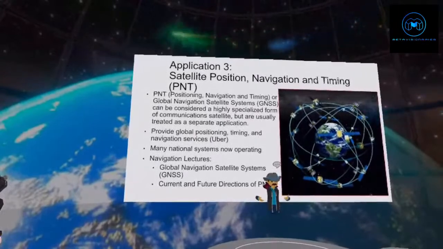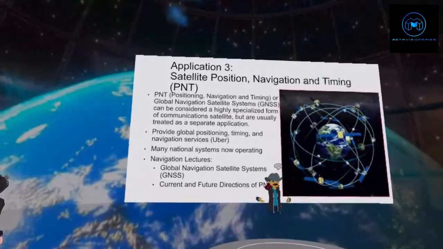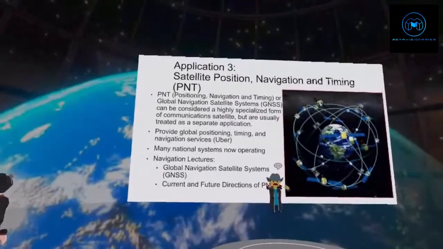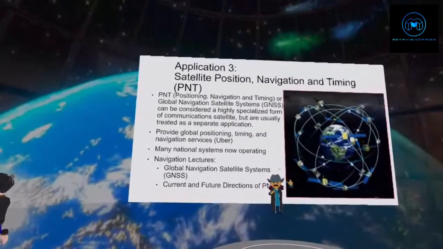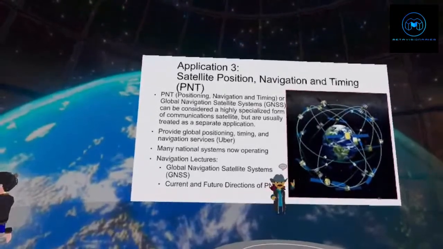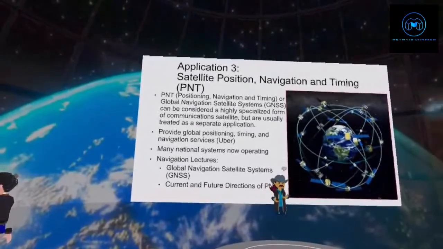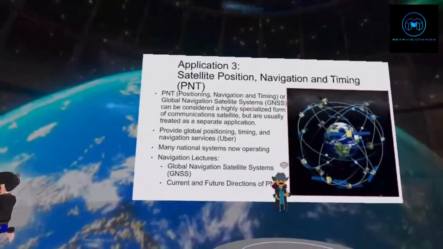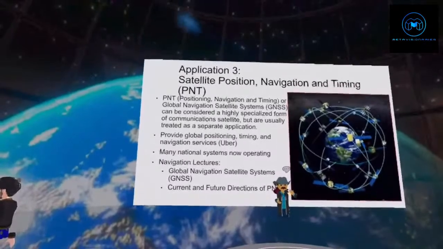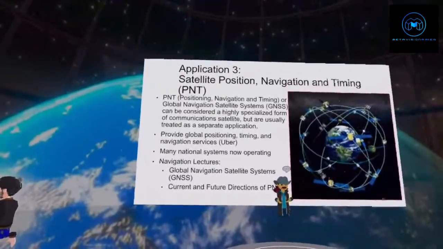And these are specialized telecommunication satellites. They again operate out in this MEO orbit, 20,000 kilometers or so, almost halfway out to GEO. And these provide us with global positioning, with atomic clock timing, and navigation services around the world.